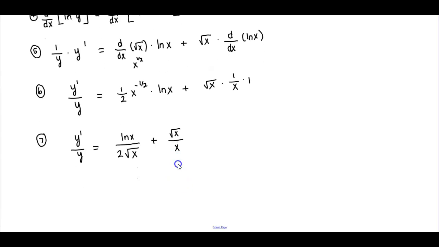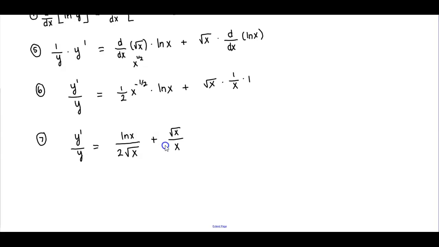Okay, so on this side here, we want to be able to add these two fractions. So we want to be able to find a common denominator between those two.